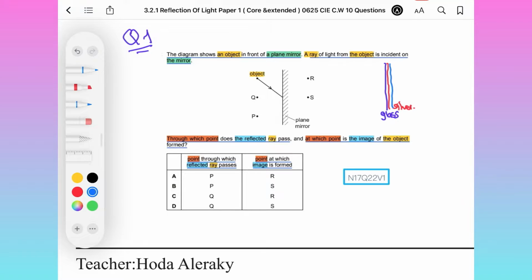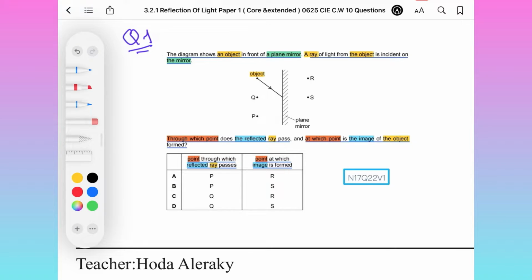So any mirror consists of 3 layers: glass, silver, and coating at the end. So that's why you should understand that reflection takes place at the silver sheet.